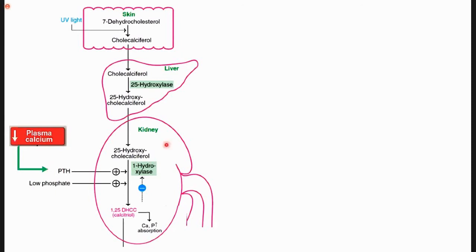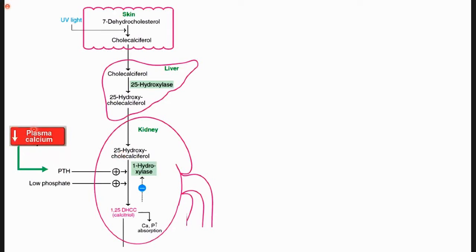It converts the 25 hydroxy cholecalciferol into its most active form, which is 1,25 dihydroxy cholecalciferol, which is calcitriol, and that increases the calcium and phosphate absorption. So this is how it is being regulated. The active form of vitamin D is regulated by the plasma calcium levels.